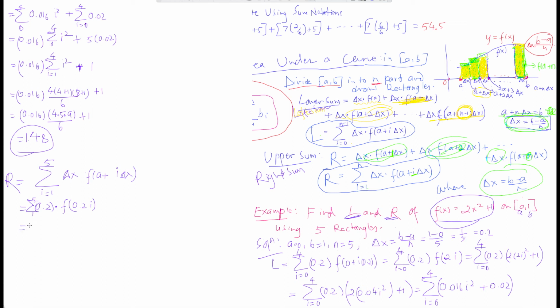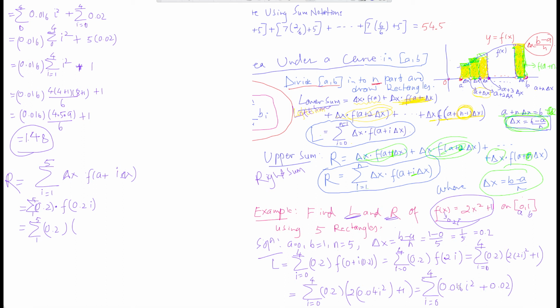If you simplify this, summation 1 through 5 of 0.2 times, plug in f of 0.2i for x. So x equals 0.2i. If you do that, you will get 2 times (0.2i) squared plus 1.